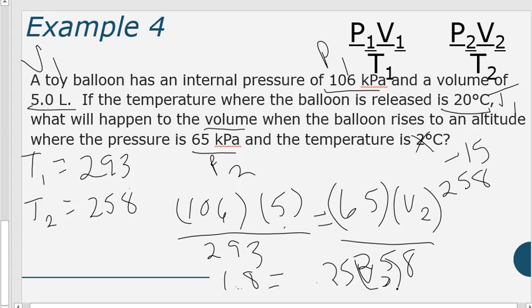So we're actually going to divide by 0.25 on both sides to get our X, V2. So we do 1.8 divided by 0.25, and that's going to give us about 7.2 liters. 7.2 liters should be your answer.